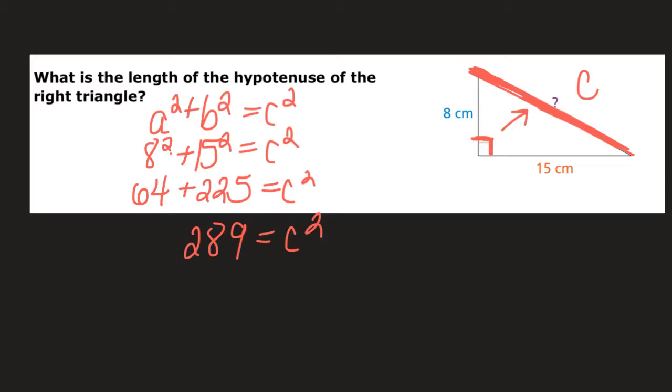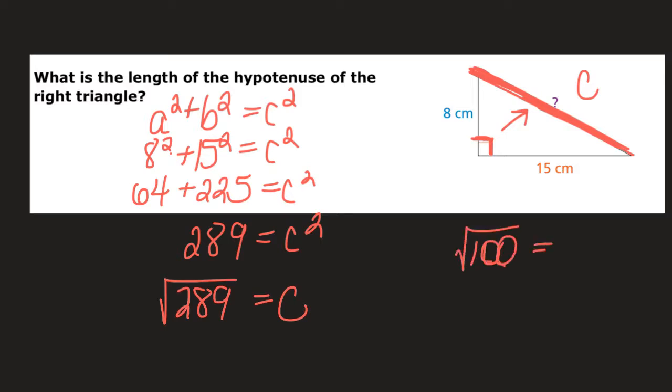Now this is where my knowledge of square roots comes in. I do not want C squared. I want 1C. So to get rid of that square, I'm going to take the square root. So I'm going to take the square root of 289, which is going to give me just C. That is just like when we were taking the square root of 100.